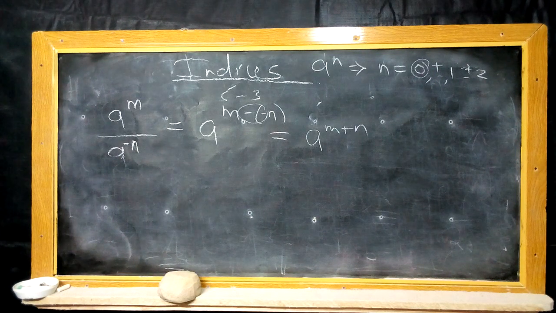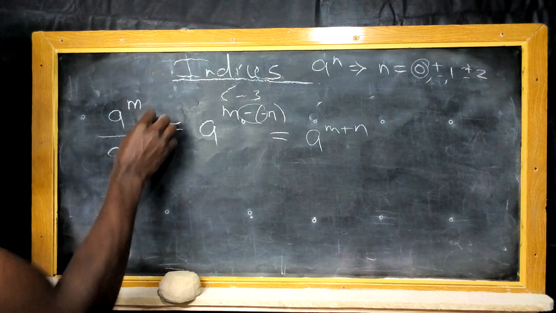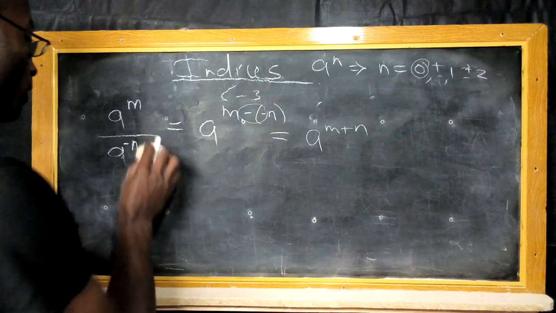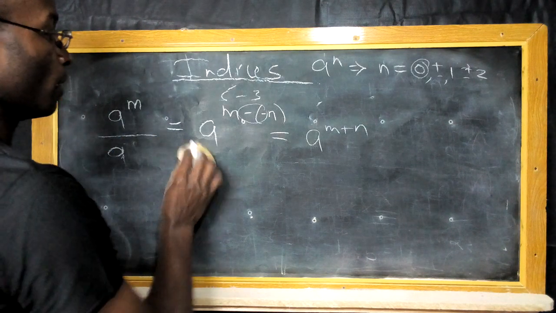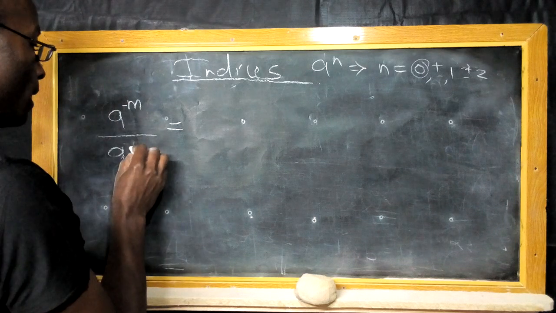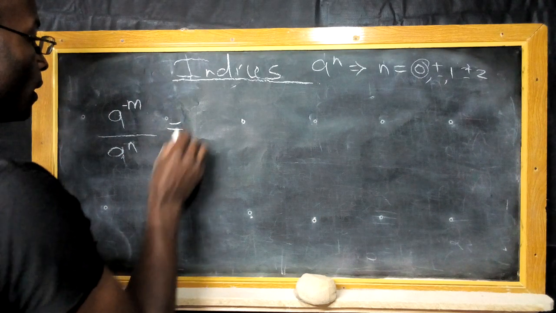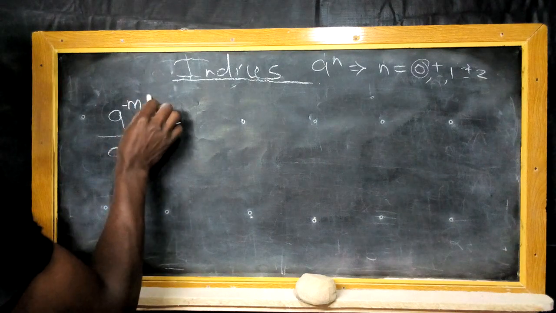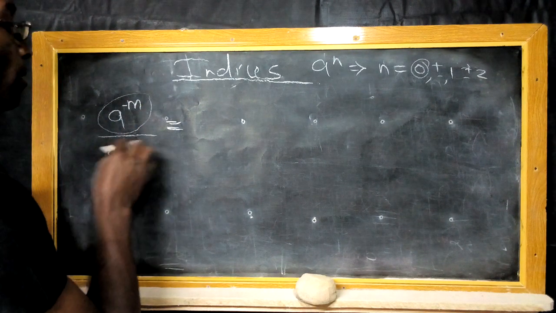So in that case, suppose it was a minus for m, we have minus m and then n. This one will obey the rule that we said, that is a fraction.